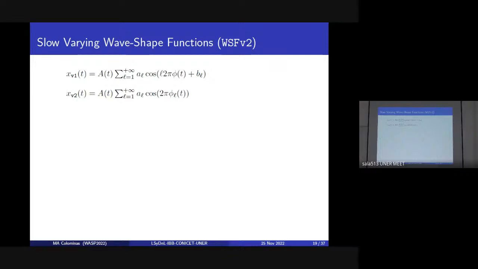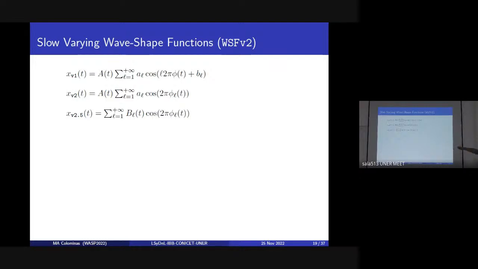But when you have all the harmonics, all of them were amplitude modulated in the same way. So if you want a change in your wave shape function, you have to move apart from an integer multiple of that harmonic. But I call this 2.5, okay?